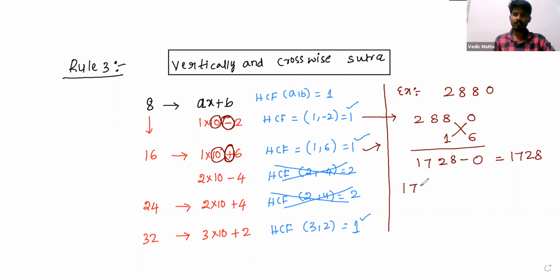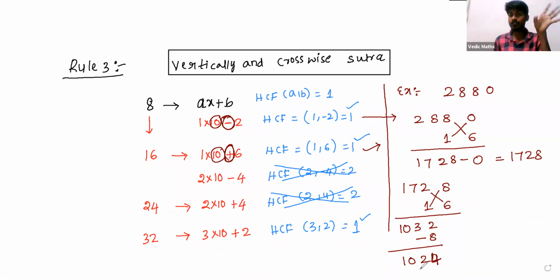Again take that number and multiply with 6. Then you are getting 12, 42, 43 and 10 minus 8. Then you are getting 1024. You can see here I'm including the first rule.